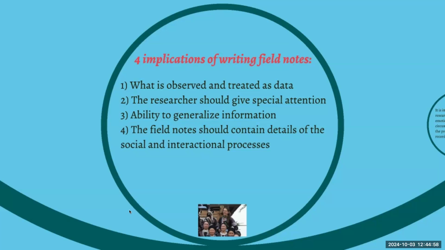So capturing not just what happened, but how it happened and why it happened. And this attention to process can really help identify or clarify the underlying structure of interaction in the groups being studied.